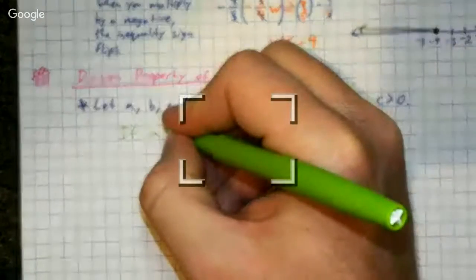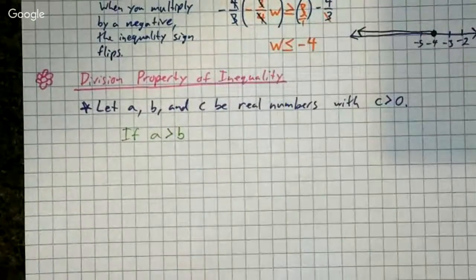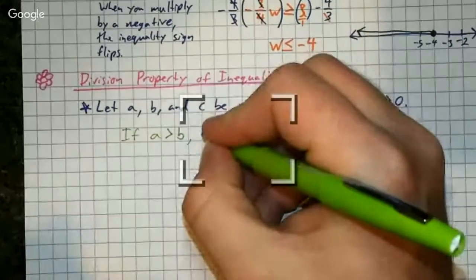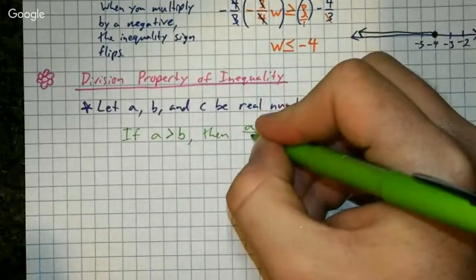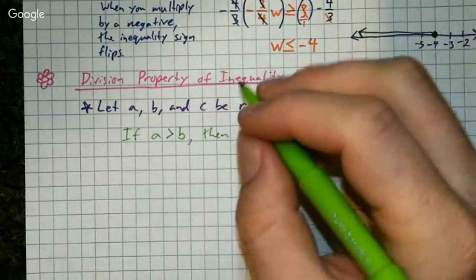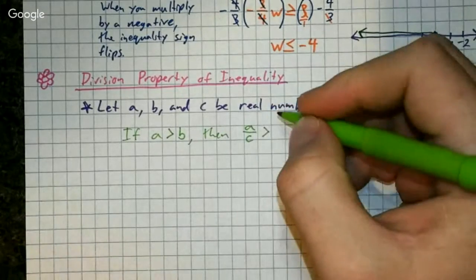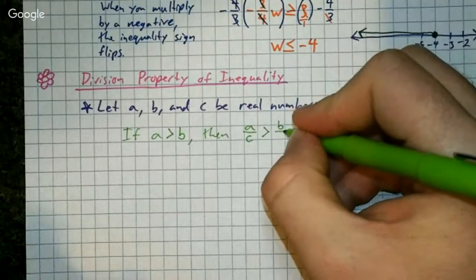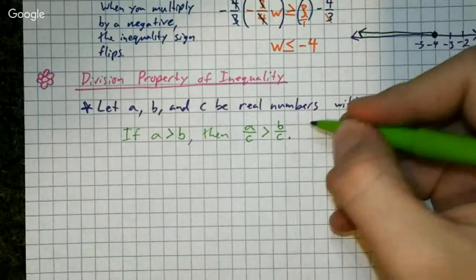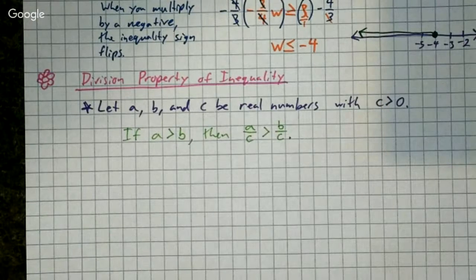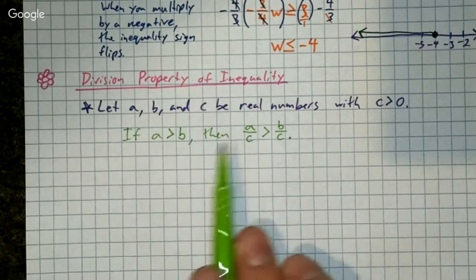If A is greater than B, then A divided by C is going to be greater than B divided by C. So again, if you look at that, A is greater than B, then A divided by C will be greater than B divided by C. Same thing we're saying, if it's a positive number, the sign will stay the same.